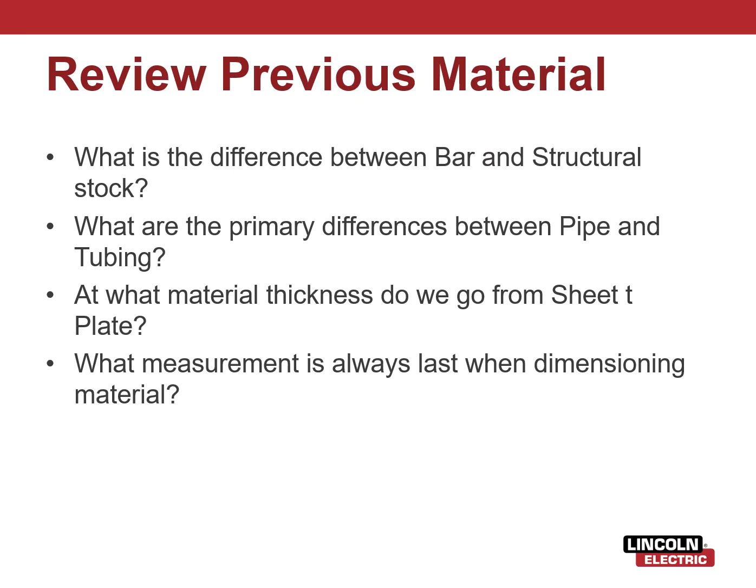And what are the primary differences between pipe and tubing? Remember, pipe is structural. It's engineered based around the sizing for predetermined pressures for gases and liquids, versus tubing, which is meant more for fabrication, and in some circumstances, like we talked about in the previous video, can also be used in structural environments. So there's nothing set in stone as far as that goes.